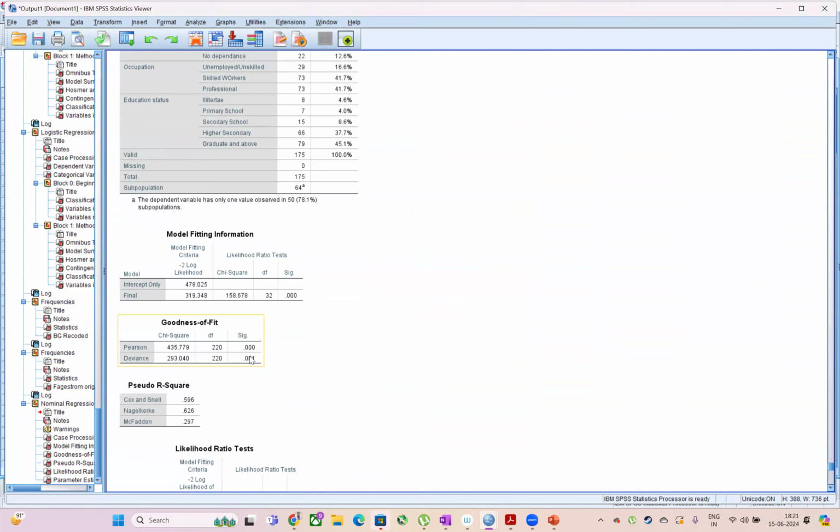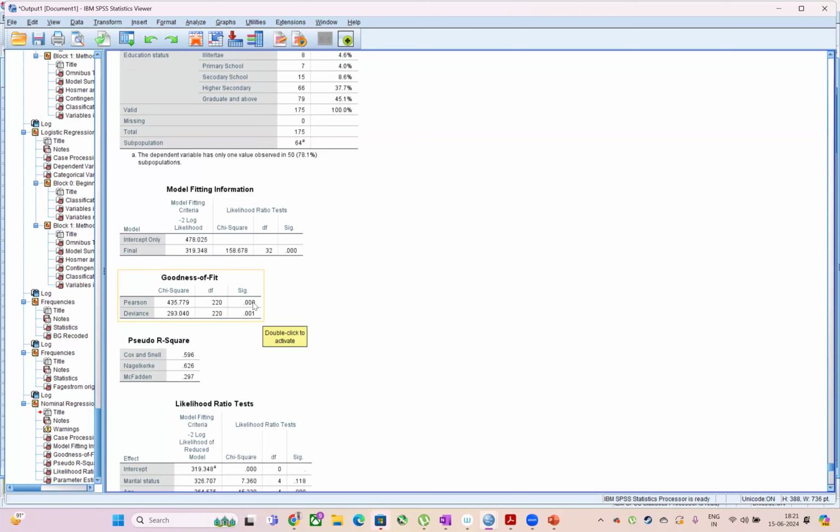As I showed before, we had non-significant results. So it is conversely like chi-square, where if significance is there we say association is there. In goodness of fit, if significance is there, this model is not good enough to predict. Then you go to the R square, 0.626, so 62%.